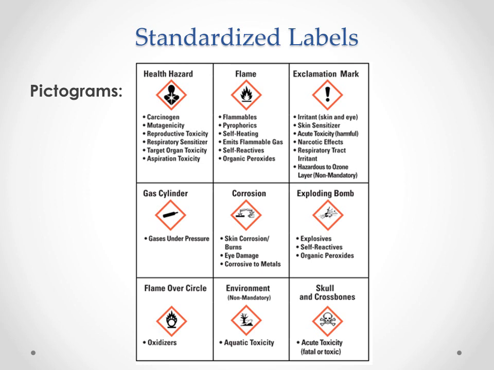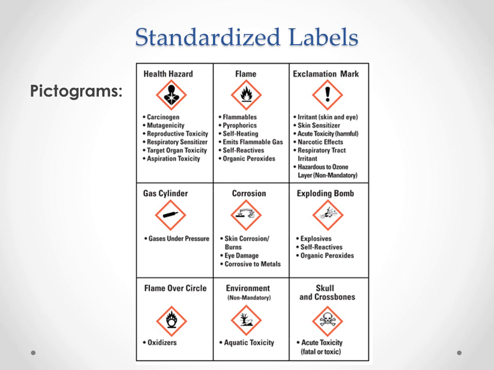In the middle at the top is a flame. That's pretty obvious. That indicates flammables or pyrophoric, self-heating, if there's flammable gas and whatnot. On the upper left corner, you see a pictogram showing a person from the torso with a starburst type of diagram coming out of the center of the chest.